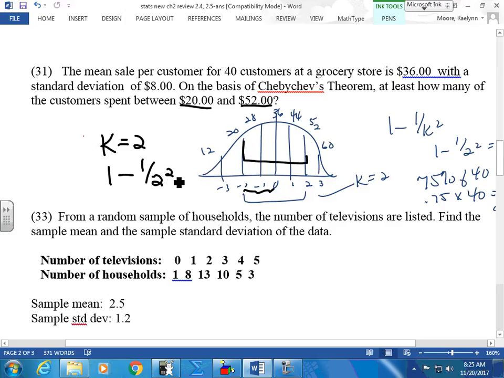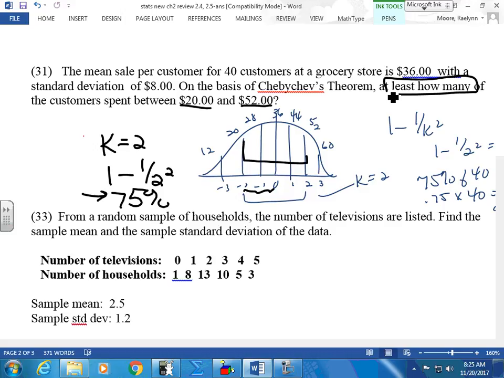It's either going to be 75% or 88.9%. And then, if I ask you for what percent, that's your answer. If I ask you for how many customers were here, well, how many customers were there altogether? 40. So then you're just going to take 75 times 40.